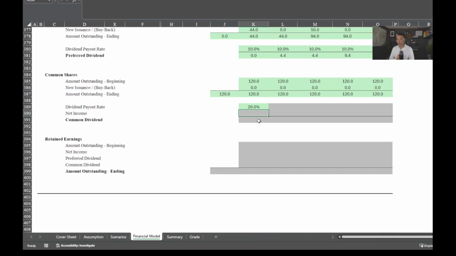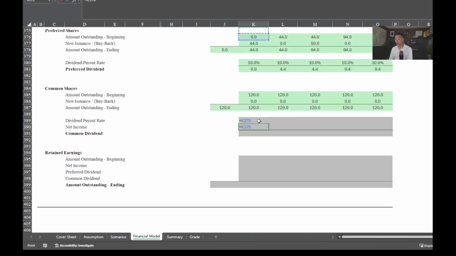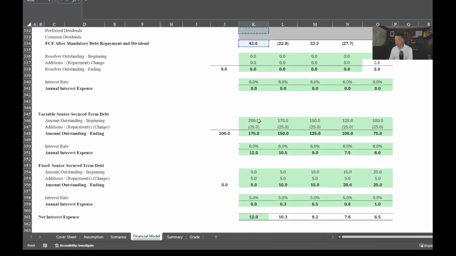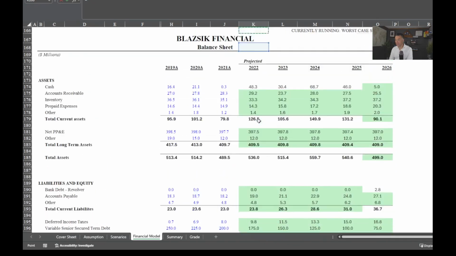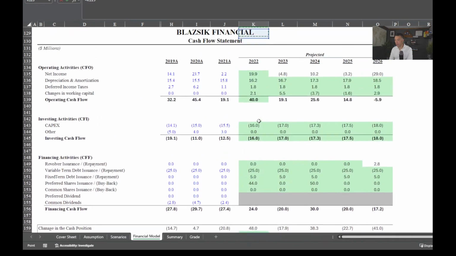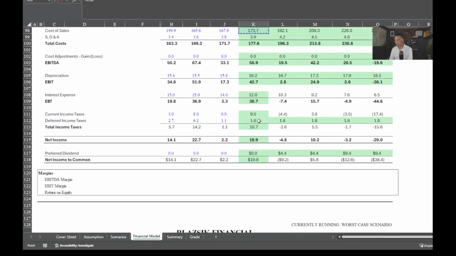Next, we want to plug in net income. So I'm going to hit equals and go all the way up to the income statement. Now you have to be careful here. You have to pick the right net income. So we have net income, then we have preferred dividends paid out, and then we get net income to common.